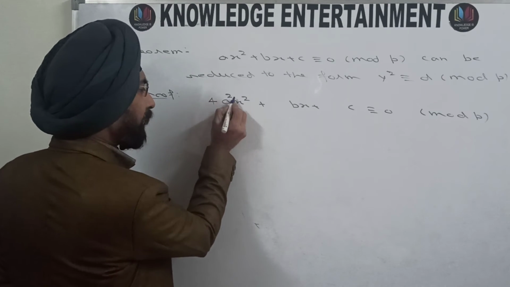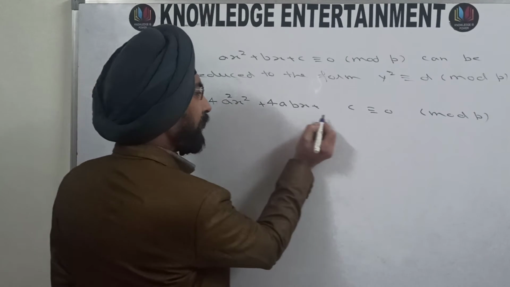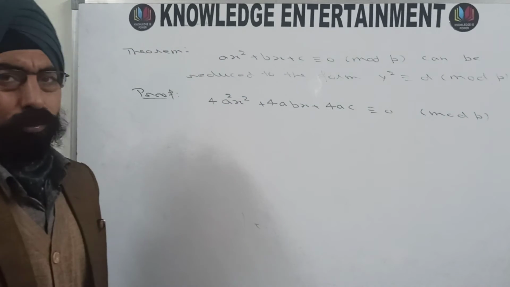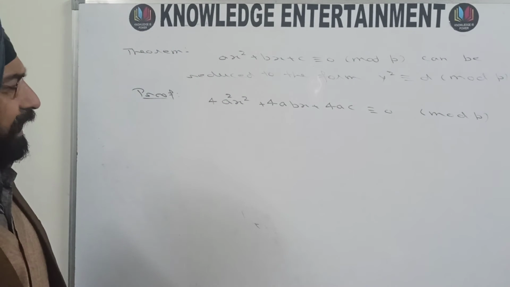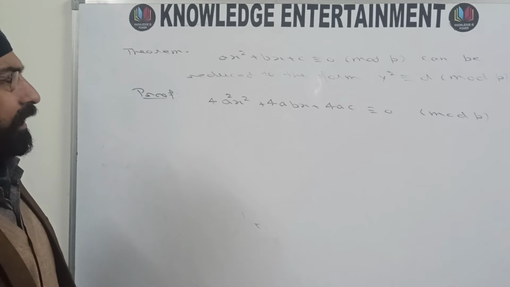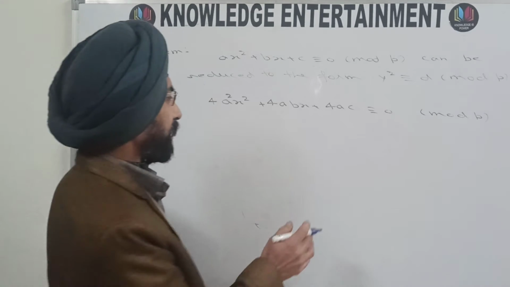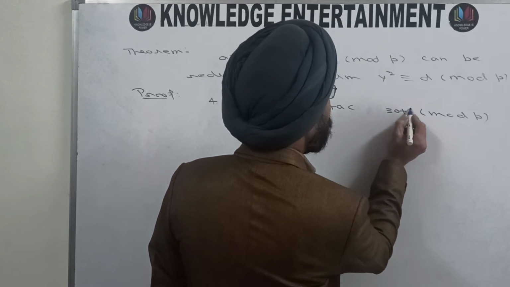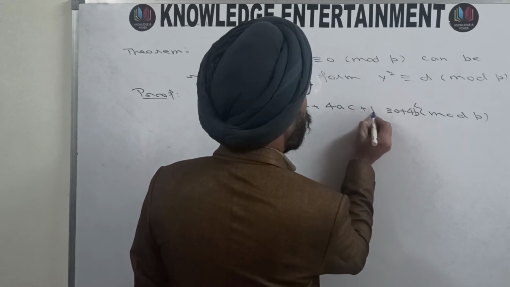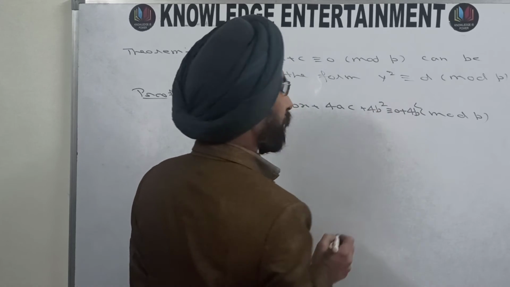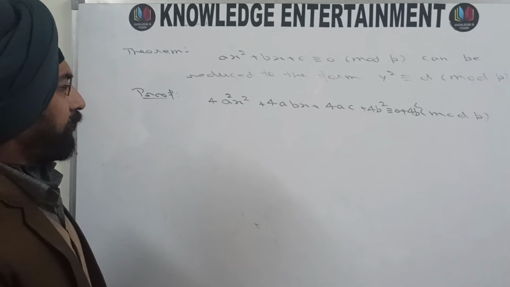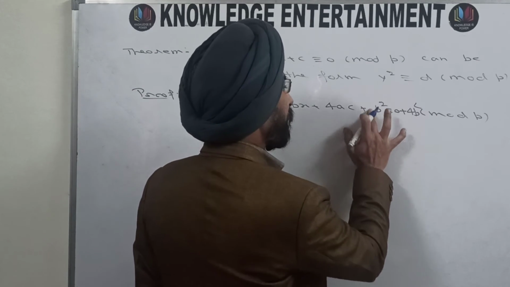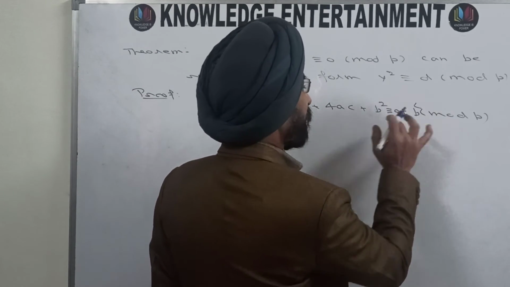Here you will get 4a square x square, here you will get 4abx, and here you will get 4ac is congruent to 0 modulo p. And now add b square on both sides. Sorry, b square, not 4b square, but add b square on both sides.